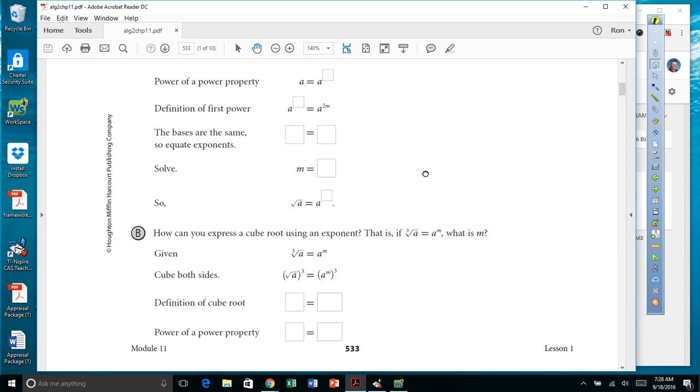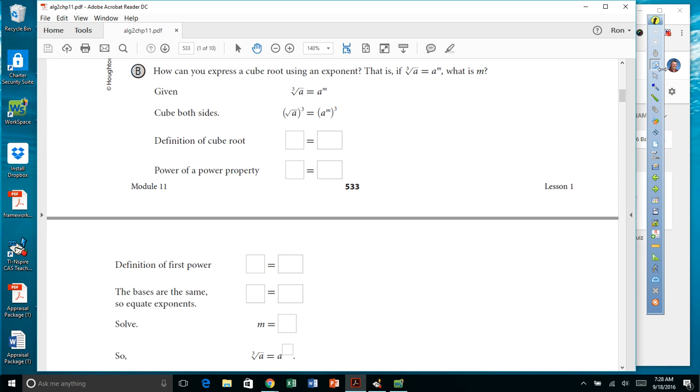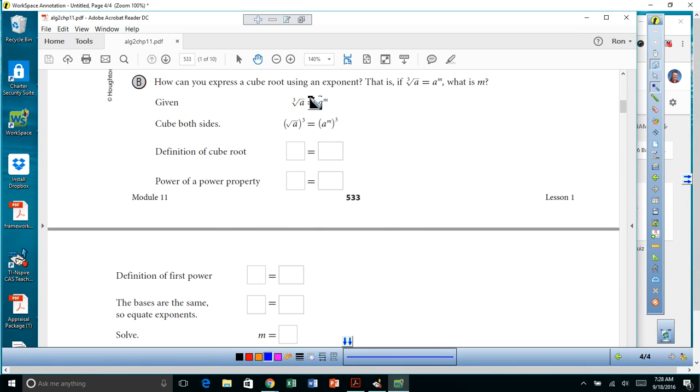Well, does that apply just to the square root? Well, it applies to the cube root. The cube root of a equals a to the m. Again, let's cube both sides. Why the cube? Well, because we have a 3 here. A minute ago when we had the square, we just squared both sides.